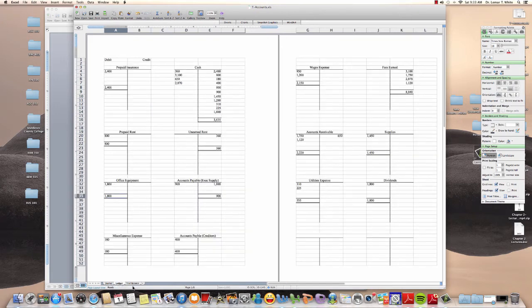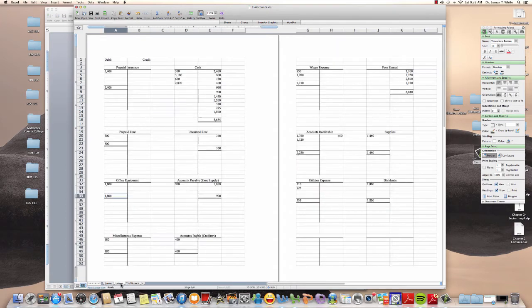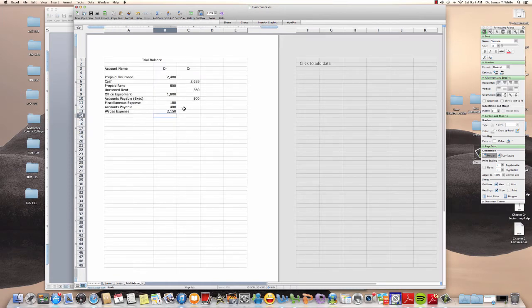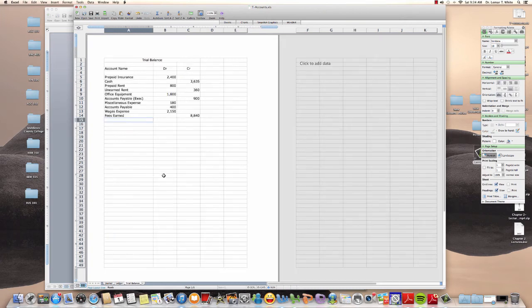Wages expense, $21.50, debit side. We have fees earned, $8,840 on the credit side. Accounts receivable, $22.20 on the debit side.